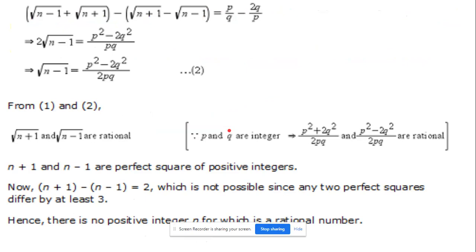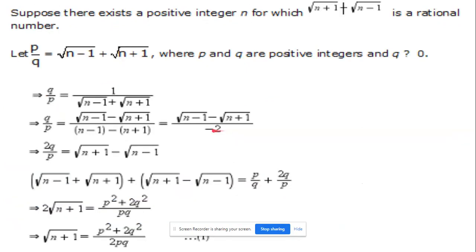And this 2 will come on your left hand side, that will come in multiply, this will become 2q upon p, and that will be equal to square root of n plus 1 coming in the first part, this will become positive and square root of n minus 1 will become negative due to this one. So I already told you that you mark this one as equation A and mark this one as equation B.